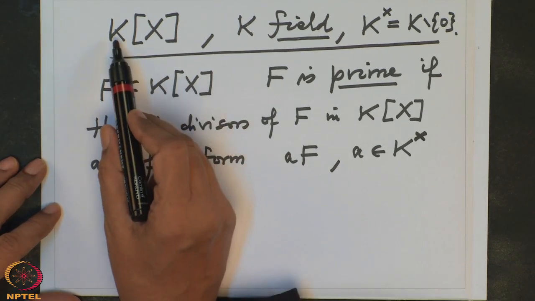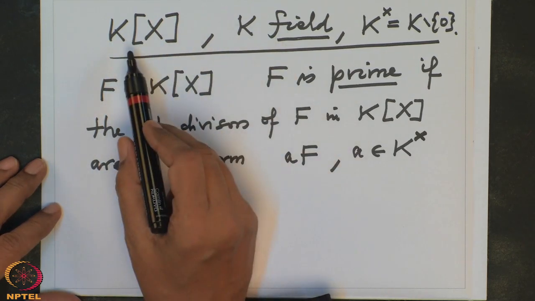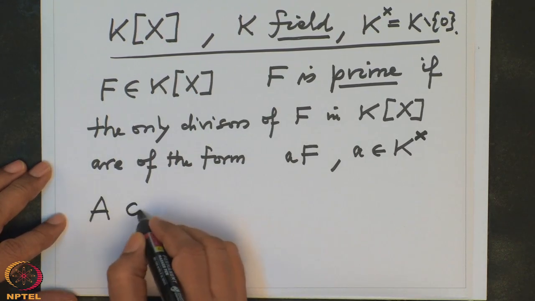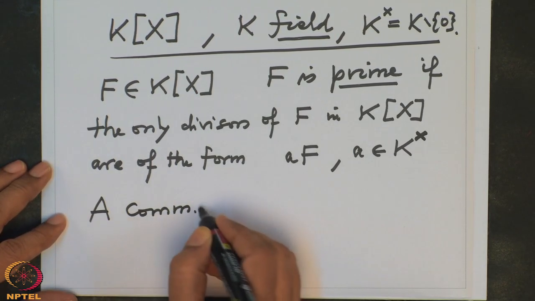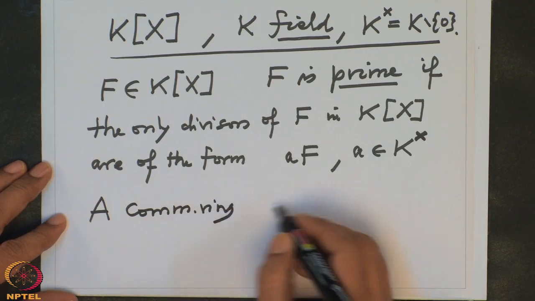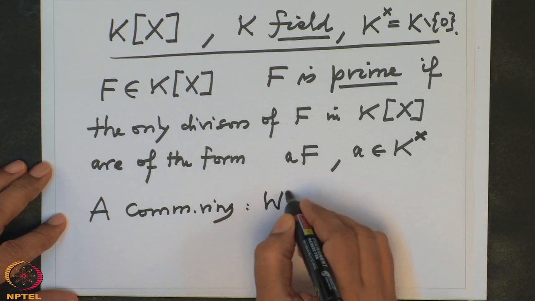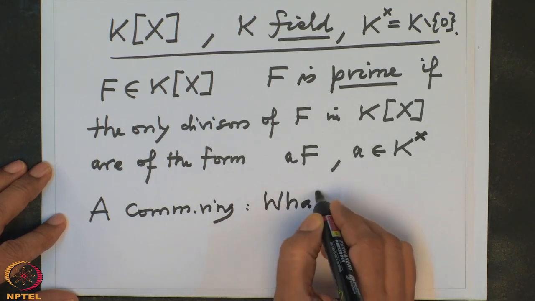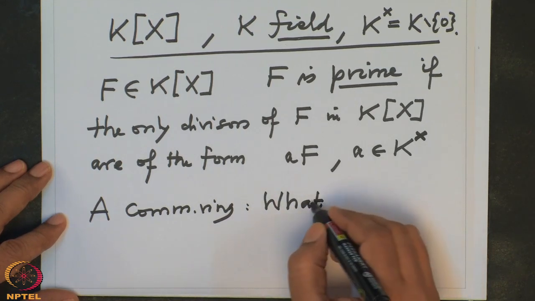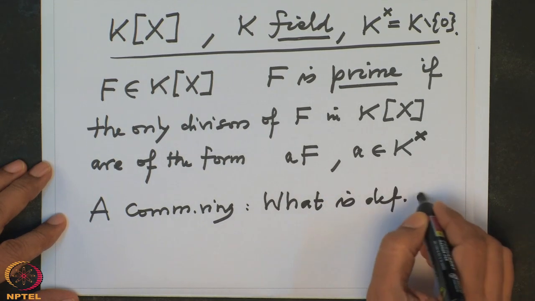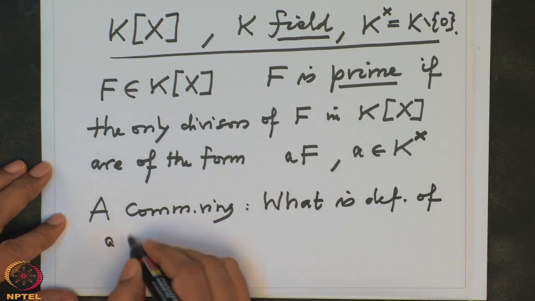This K may not always be a field. So we should really have a definition when A is an arbitrary commutative ring. What is the definition of a prime element?